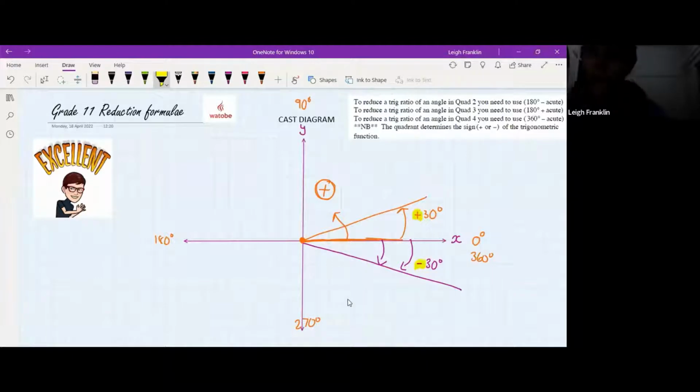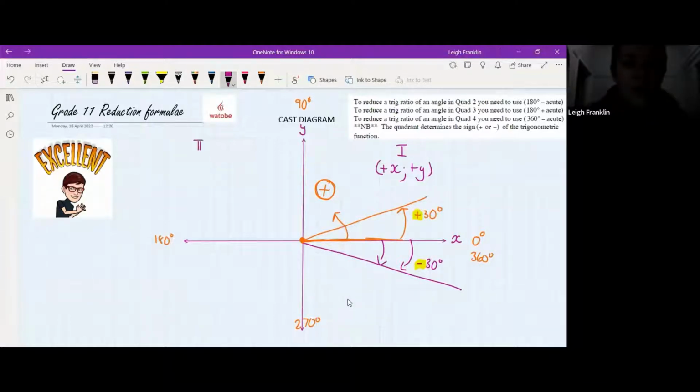All right, that's the first thing. The second thing that we need to bear in mind is that it depends which quadrant we are in. The signs of X and Y change. So when we are working in the first quadrant, our X coordinates are always positive and our Y coordinates are always positive.